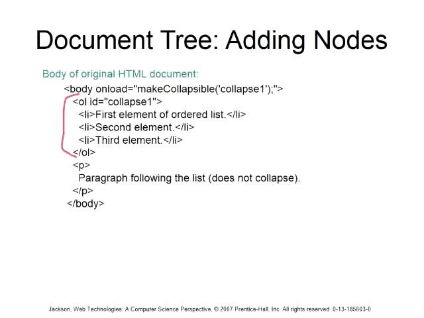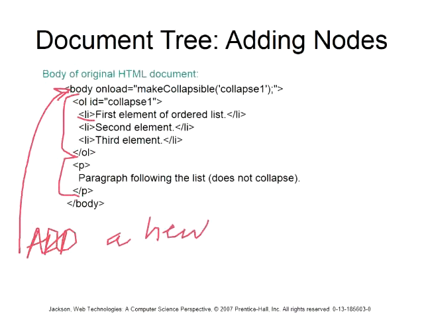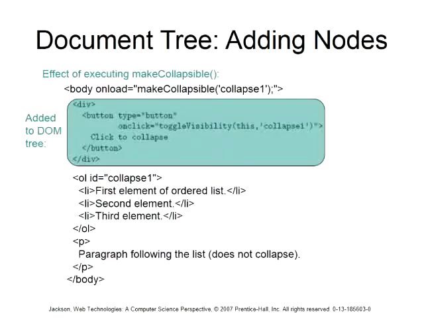OL is the tag to represent an ordered list, and P to represent a paragraph. So in this example, we want to add a new element, and this element will be added using DOM.